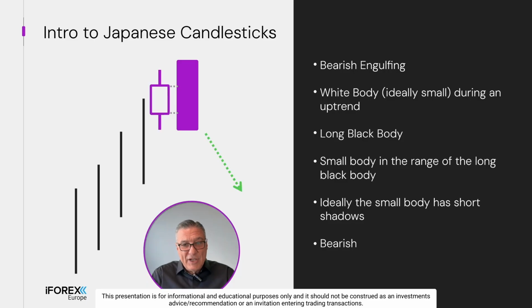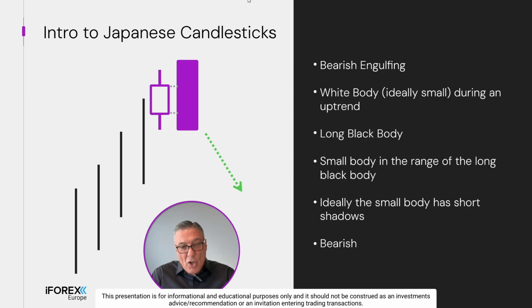The next bearish candlestick pattern is a two candlestick pattern. It's the bearish engulfing pattern. So in this case, the prerequisite is an uptrend and a small white body signifies the buyers' commitment to pull the market higher.